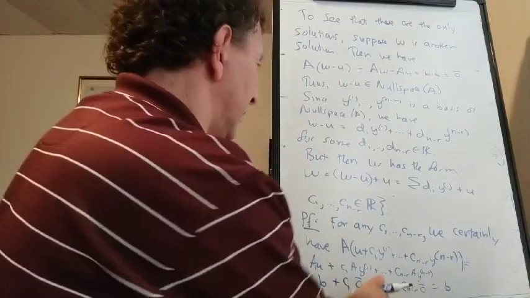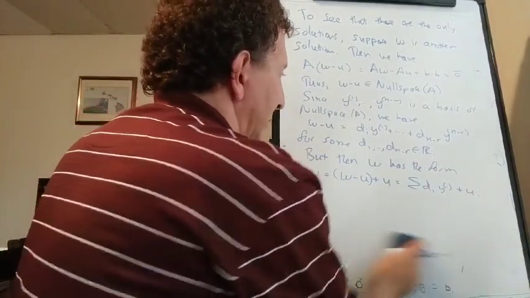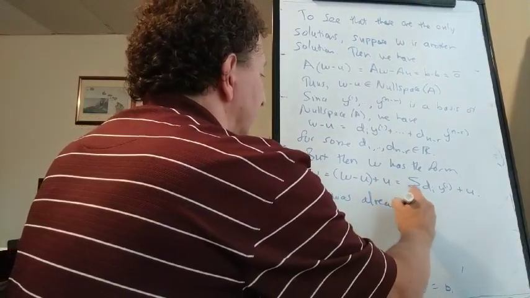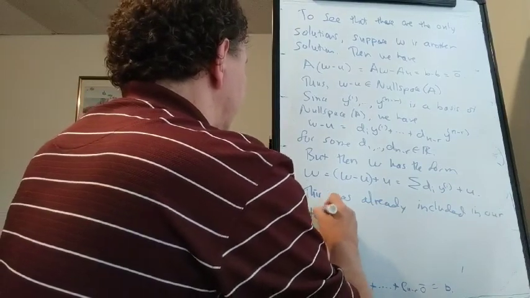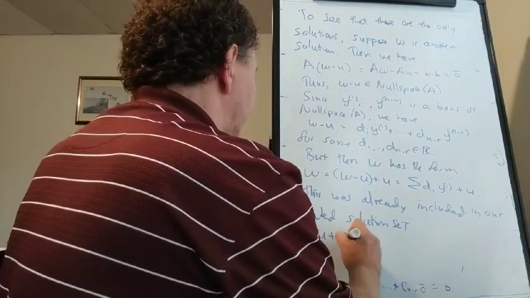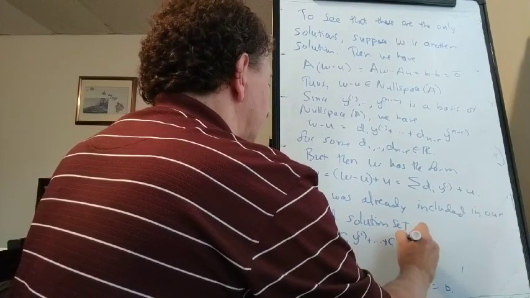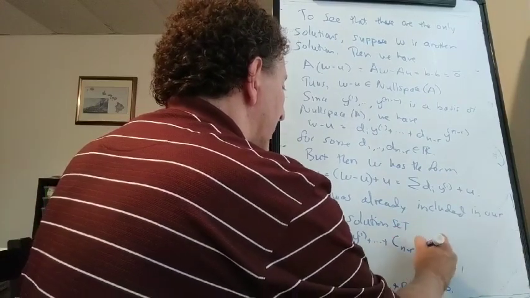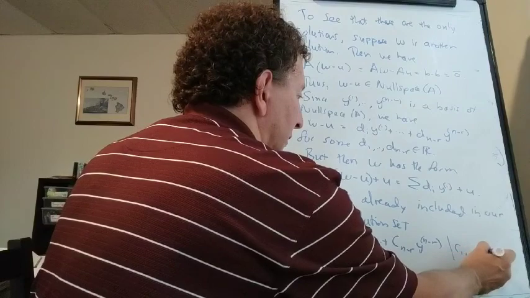And this was already included in our stated solution set, which was U plus C1 Y1 plus dot dot dot Cn minus R Yn minus R, where these coefficients are all real.